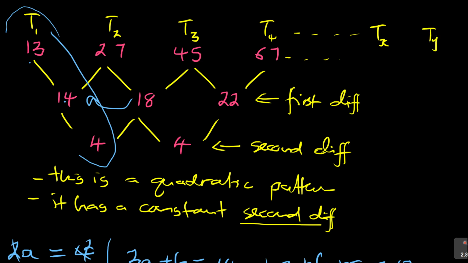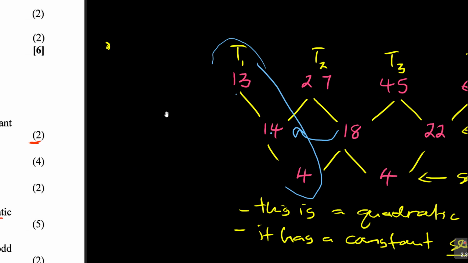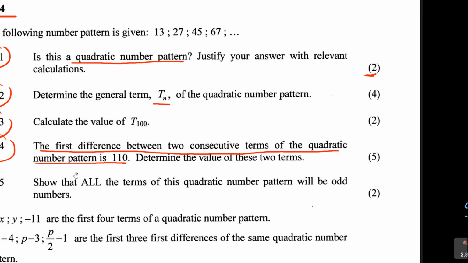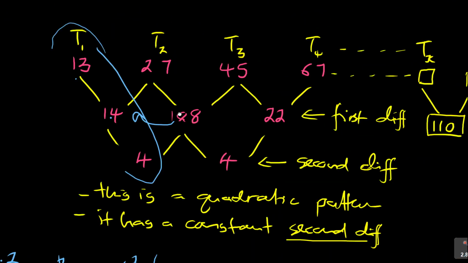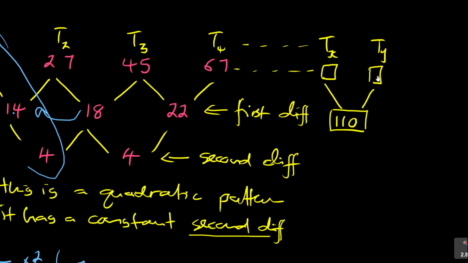So when you continue, they are saying that whatever number here and whatever number here, that's what you want to find out. That particular first difference, when you subtract them, it will be 110. You understand what they're saying? Then they want you to find tx and ty.